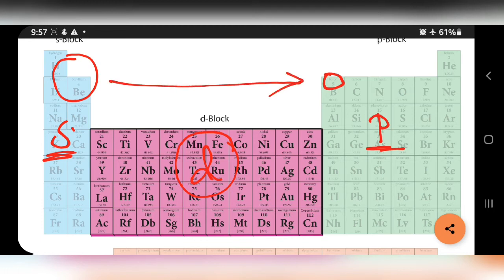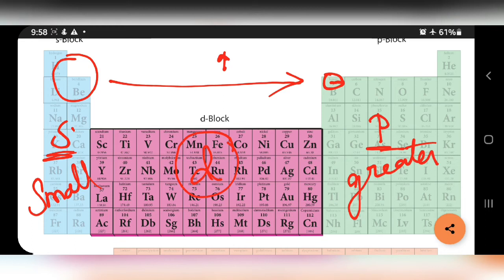Size decreases means attraction increases. Attraction increases means more energy is required to remove an electron. So ionization energy increases while moving from left to right. Here the ionization energy is small, and here the ionization energy is greater.